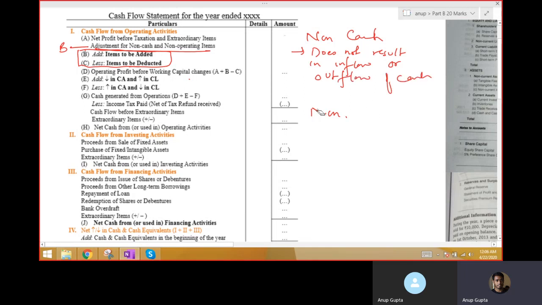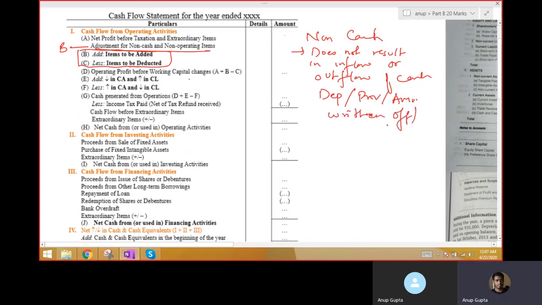Sir, can you give some examples? Yes, definitely I'll give some examples, like depreciation, creation of provisions, short-term provisions, then amortization.